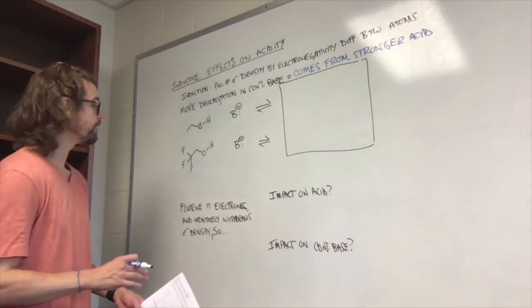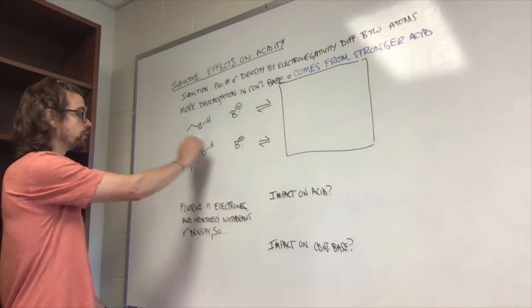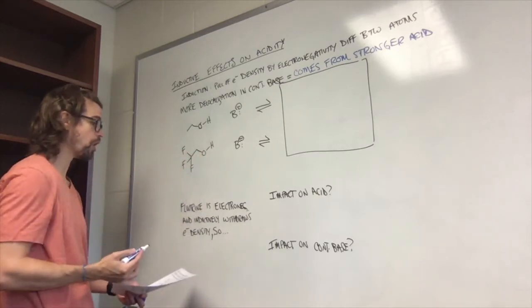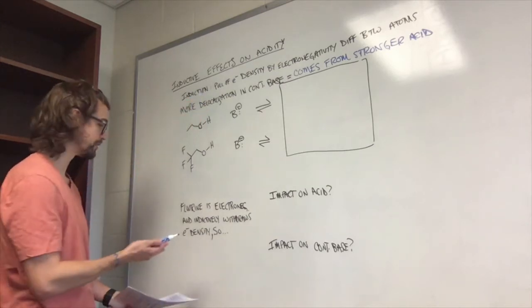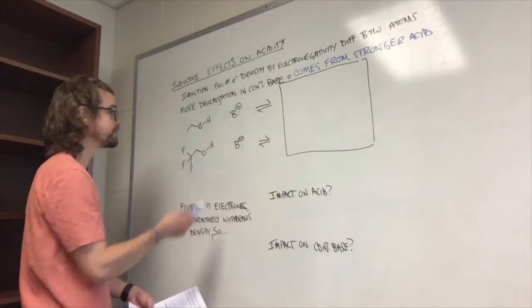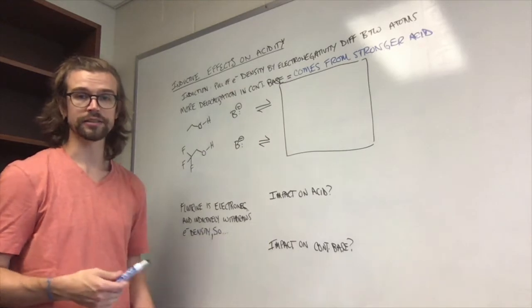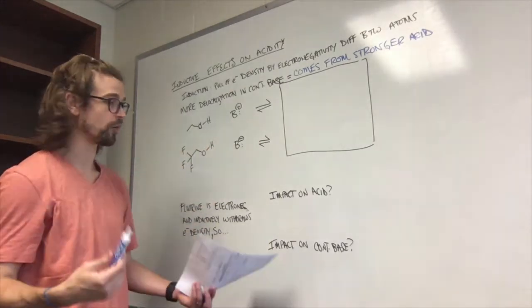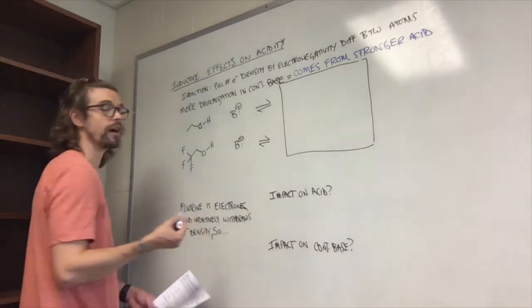So here, let's again think: fluorine on this molecule is electron withdrawing, and it's going to do that inductive process that we just talked about. So how does that impact the acid? How does that impact the conjugate base? Go ahead and draw your arrows, draw the conjugate acid and conjugate base for these two examples with the arrow pushing, and then come back. Okay, you did that, good job.